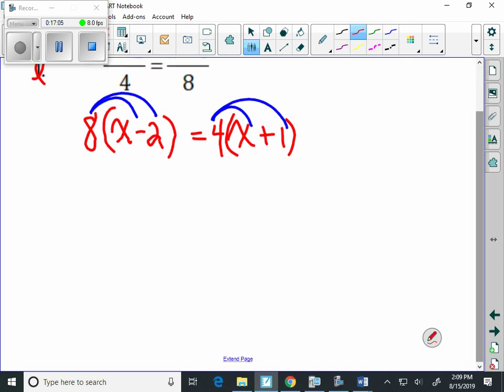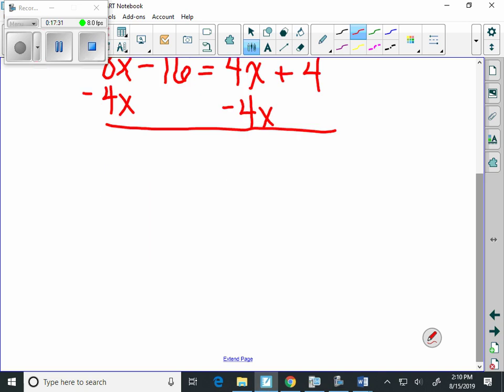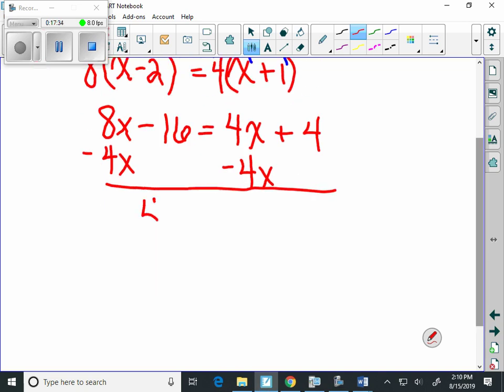8 times x is 8x. 8 times 2 is 16. 4 times x is 4x. 4 times 1 is 4. And now we're going to move the letter to the left. Subtract 4x on both sides. And we're left with 4x minus 16 equals 4.